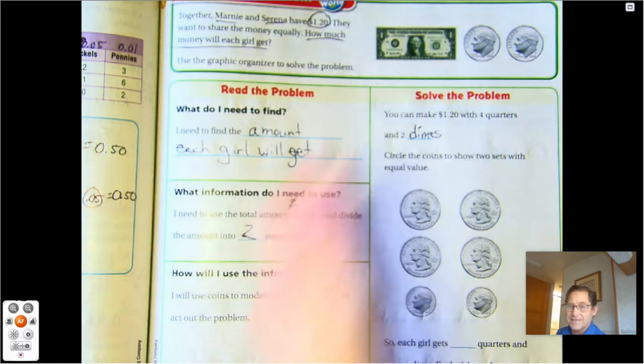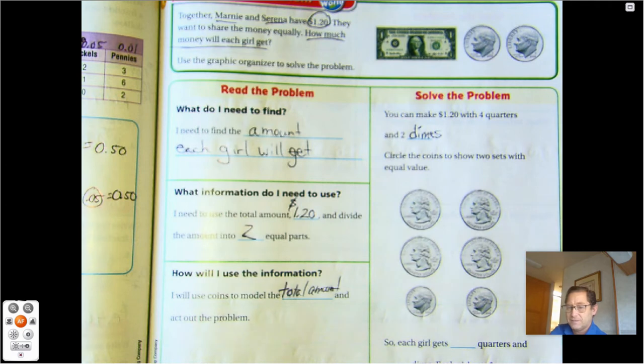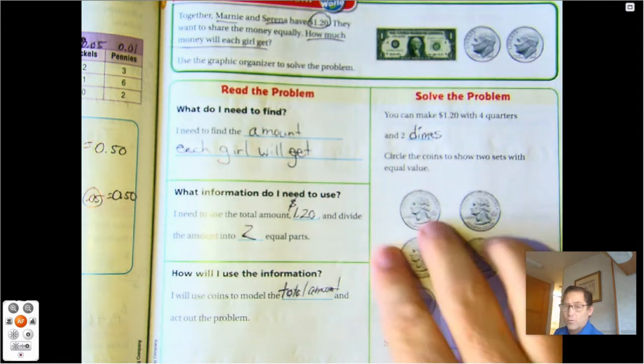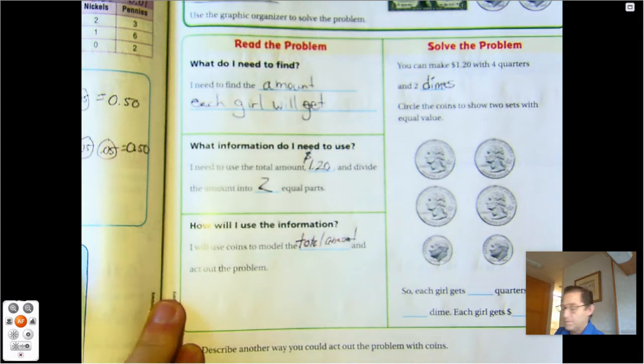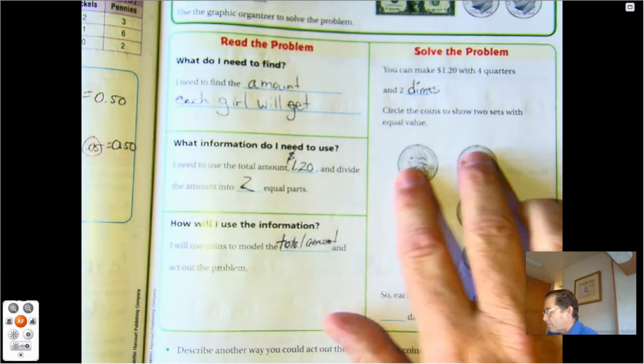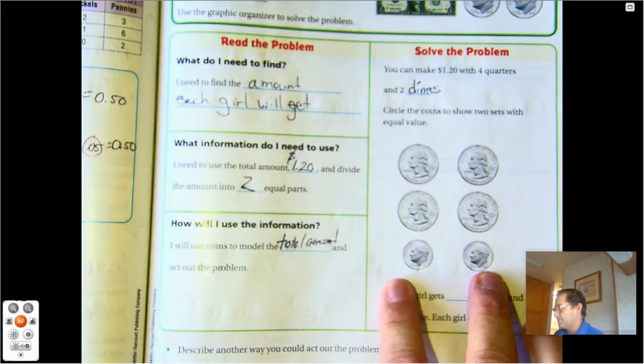We can't obviously take a dollar bill and cut it in half and say, here, there's a half for you. Okay, it would become worthless. So we're going to trade the $1 bill for 4 quarters. 4 quarters is 100 cents or $1. All right, so 4 quarters and the 2 dimes.